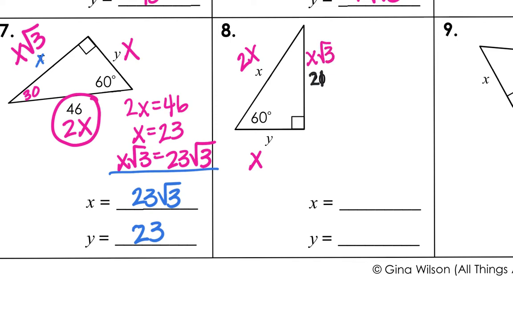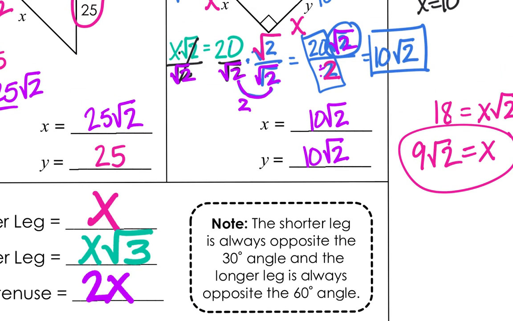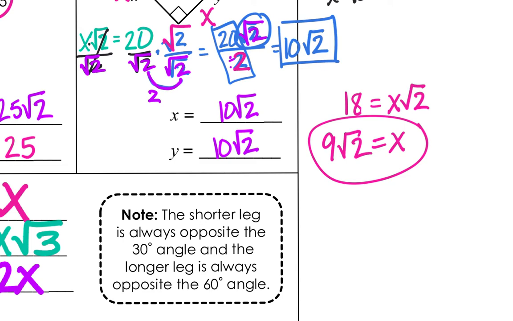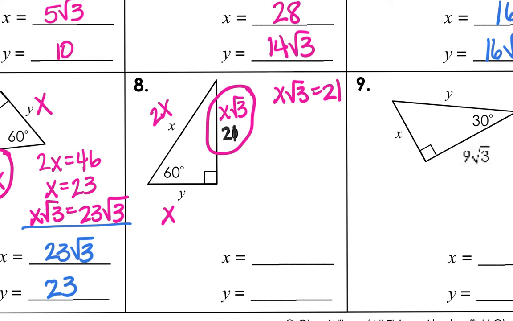So just like when x square root of 2 was equal to 20, x square root of 3 will now be equal to 21. Well, when I looked up here when I did this problem, if really all I was doing was dividing by 2 and multiplying by the square root of 2, what do you think is going to happen when there's a 3? Now you'll divide by 3 and put the square root of 3.